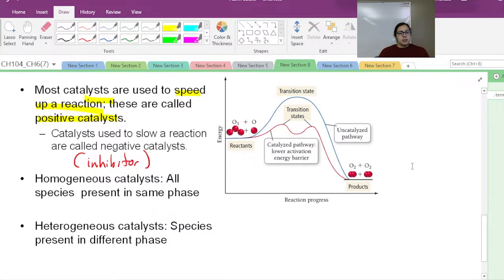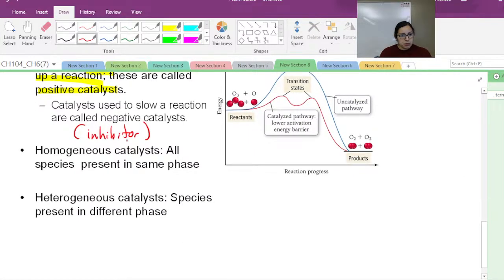And then other terms we should talk about are homogeneous versus heterogeneous catalysts. Homogeneous catalyst refers to all species present in the same phase. With that, I would put the Grubbs catalyst under there, or any organometallic catalyst, basically what I used to do, trying to make stuff.